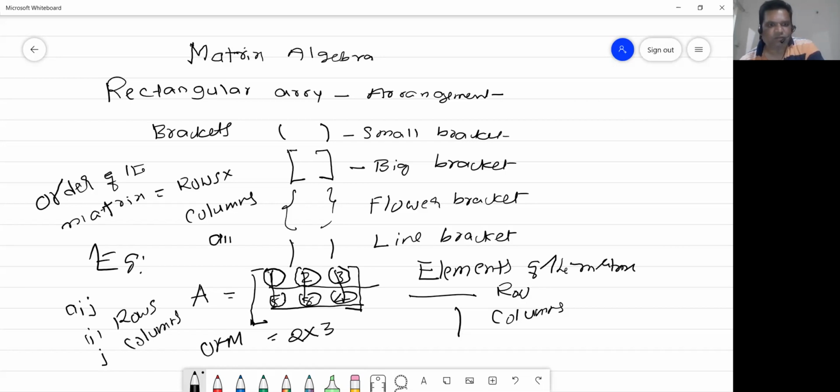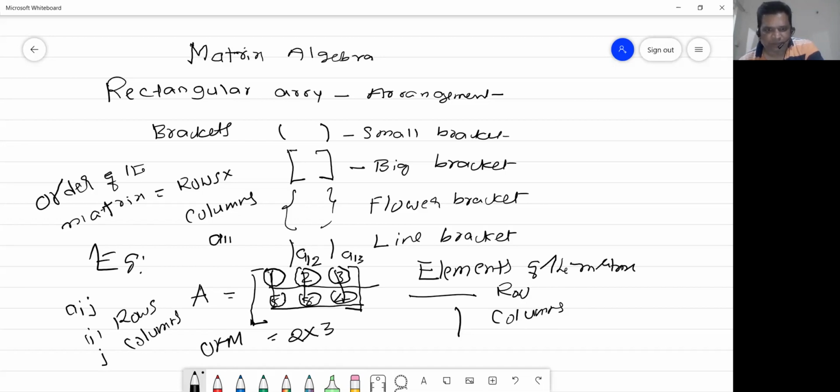So first row, first column. First row, second column. First row, third column.